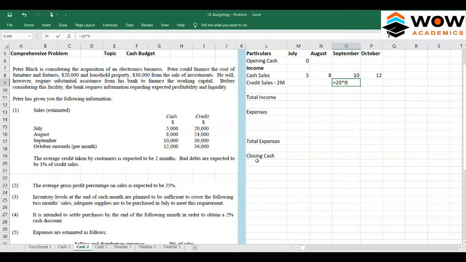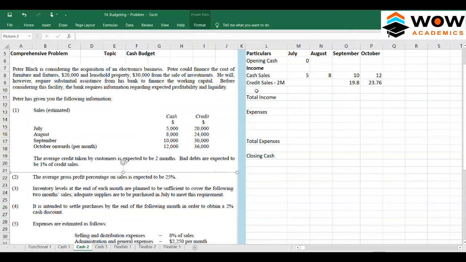Only 99% we will receive, because the balance is bad debts. So 20, and for August we'll receive 24. So that's about the sales part.